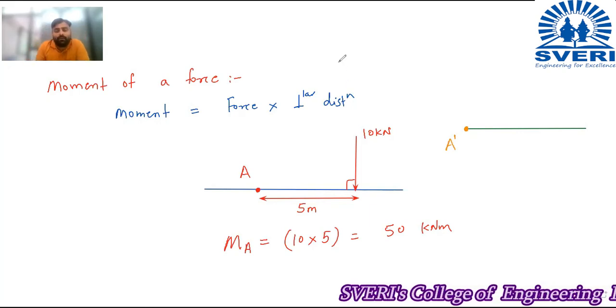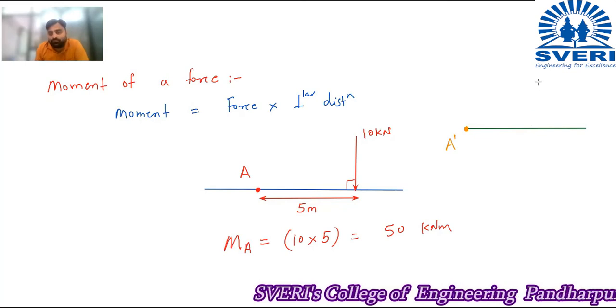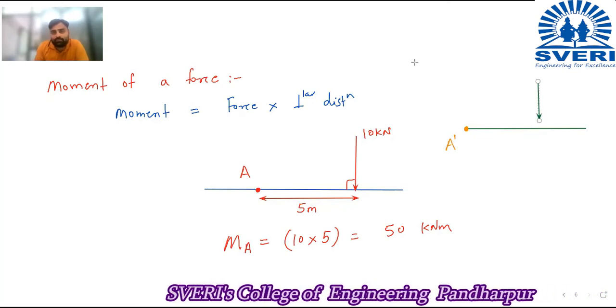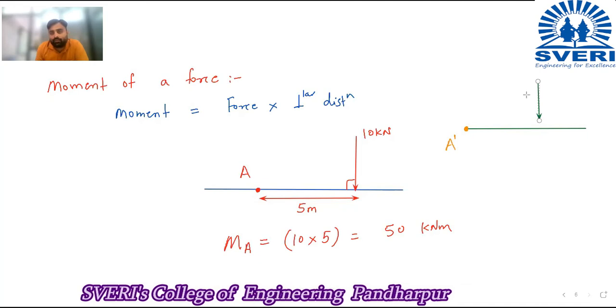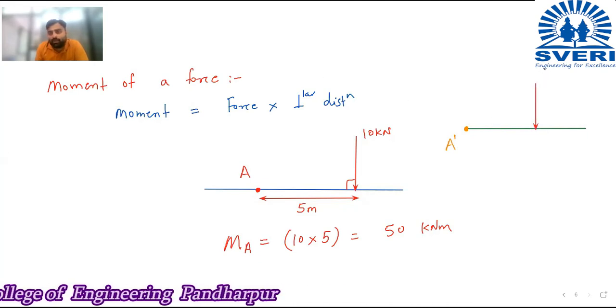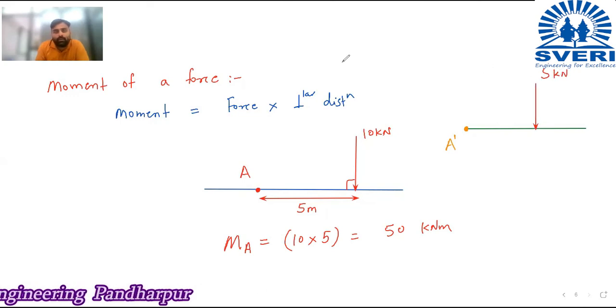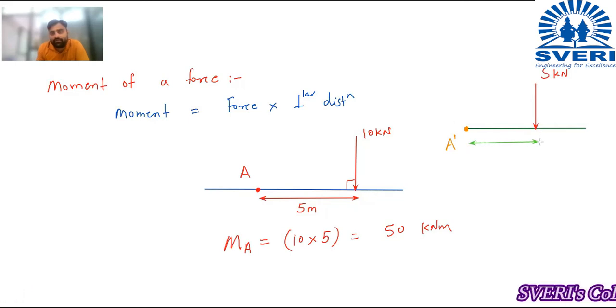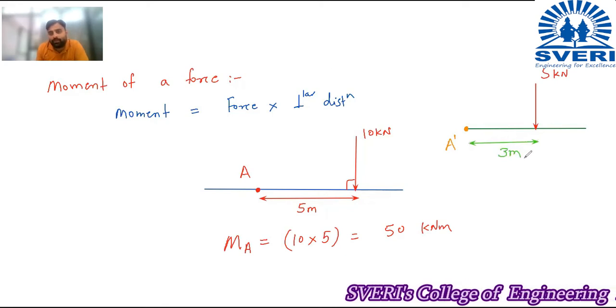Now here I will take one force. So this is the force, and its value is suppose 5 kilonewton. And the distance from this point, this distance, is suppose 3 meter.